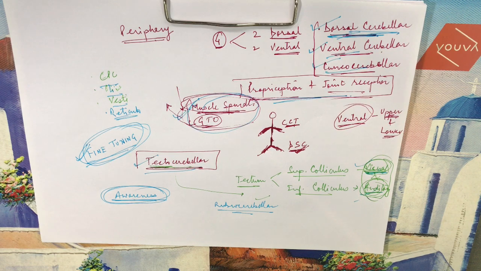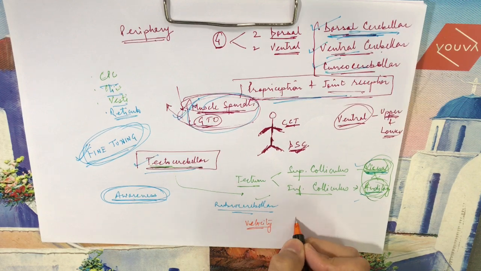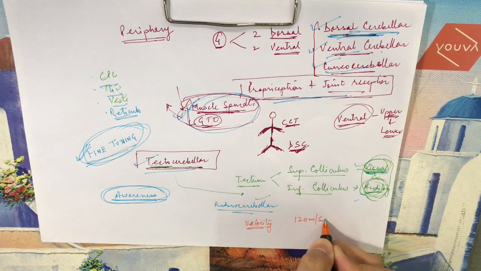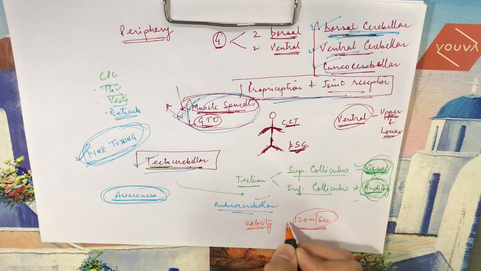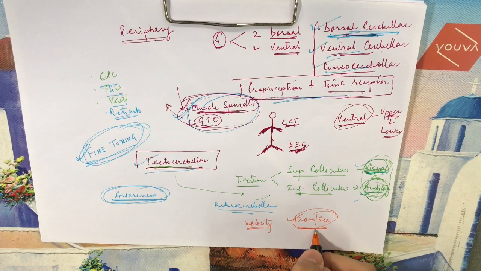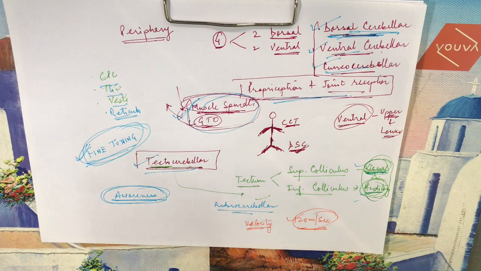Okay. And the important feature about these spinocerebellar tracts is that these pathways carry at a very fast rate. The velocity of the spinocerebellar tract is 120 meters per second, right? 120 meters per second. It is up to that fast. It is the most rapid conduction in any pathway in the CNS. And why is it so fast?